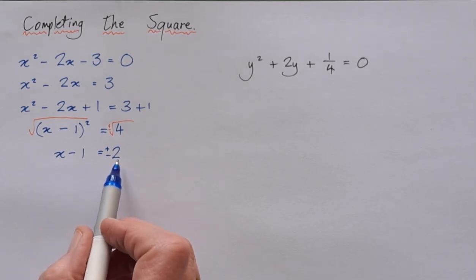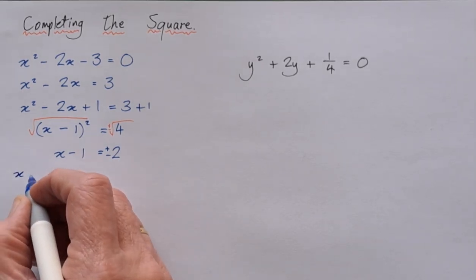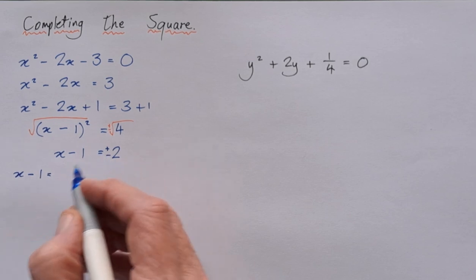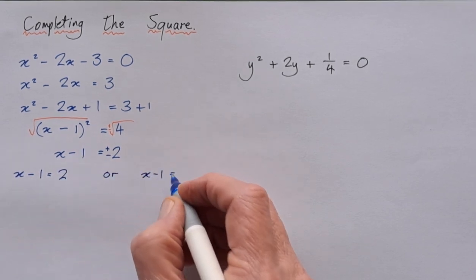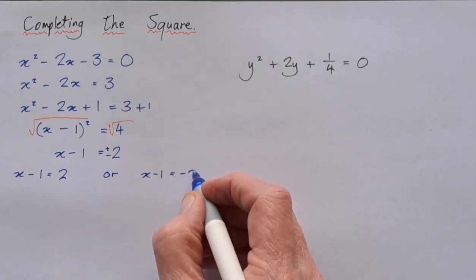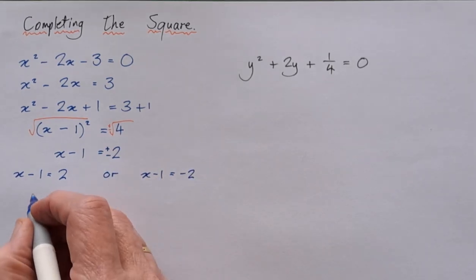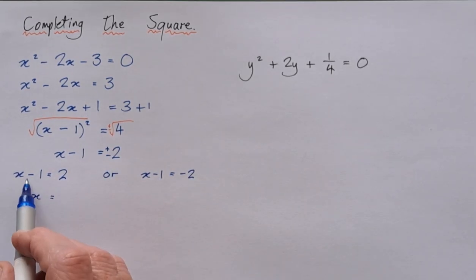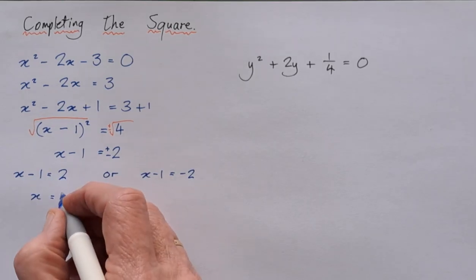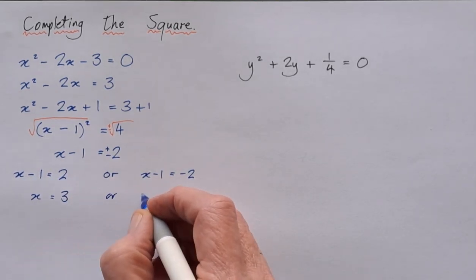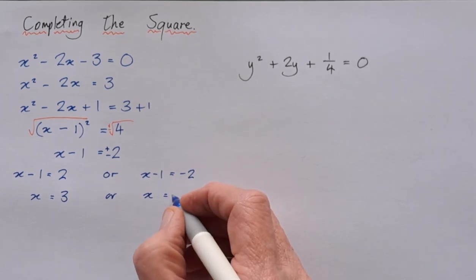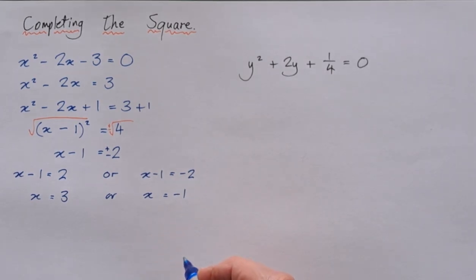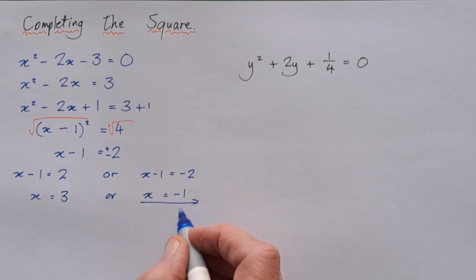So my two possibilities here are that x minus 1 is equal to positive 2, or x minus 1 is equal to negative 2. And now solving for x, of course the 1 will become positive, so 2 plus 1 is 3, or x is equal to negative 2 plus 1, which gives me negative 1. And those are my two solutions for the equation.